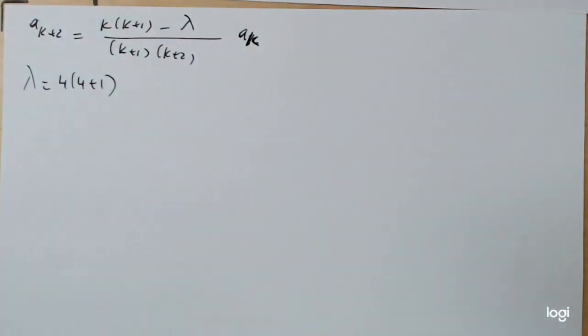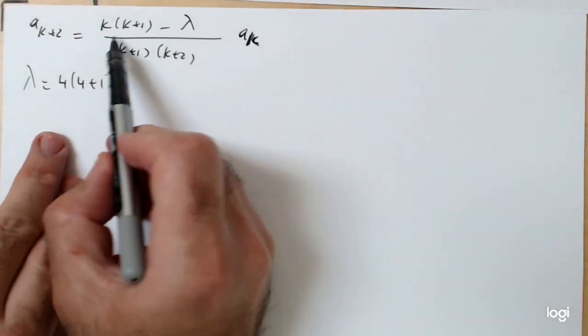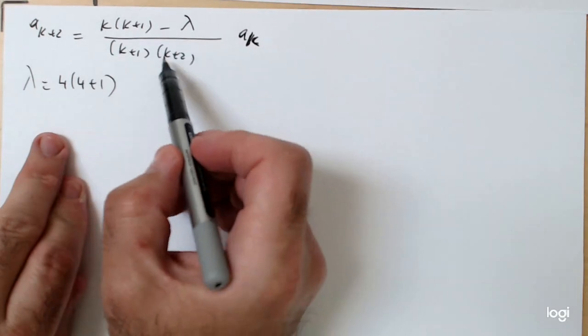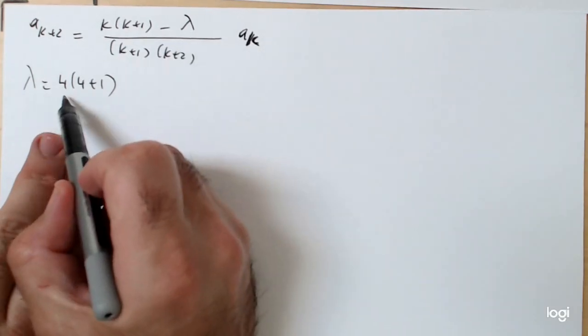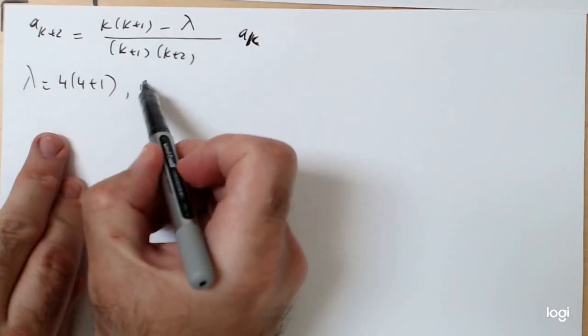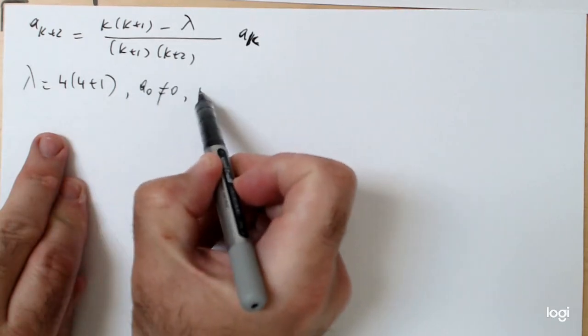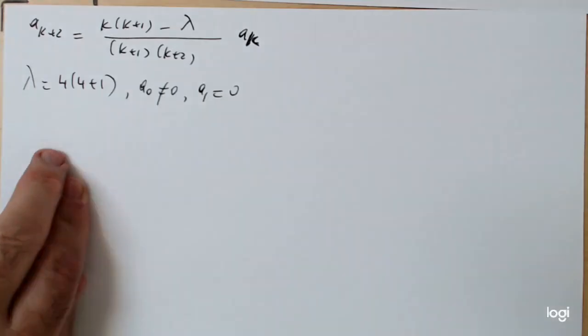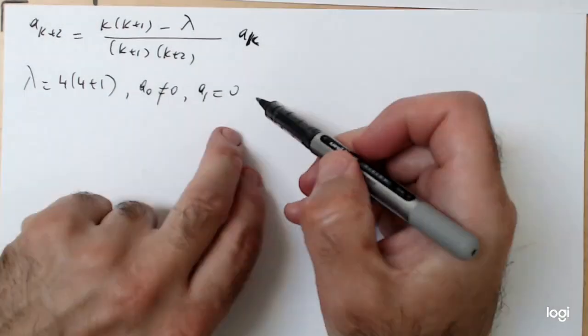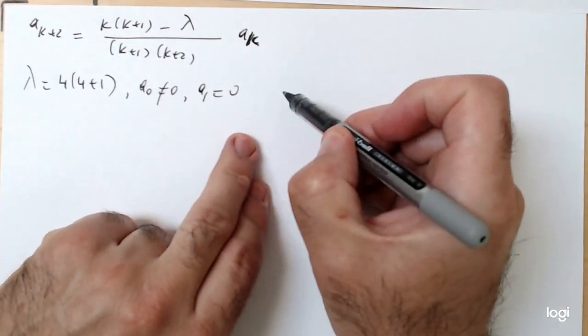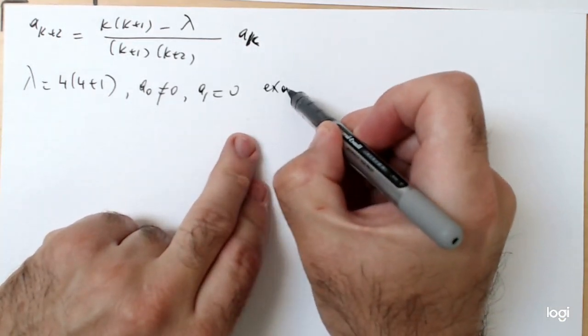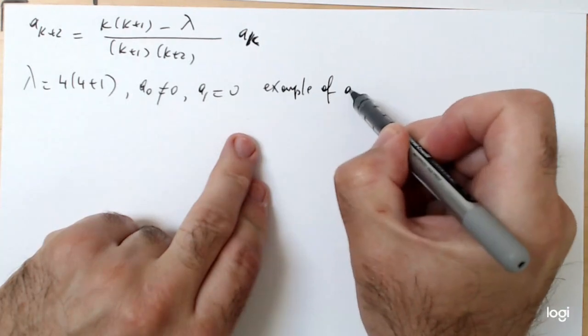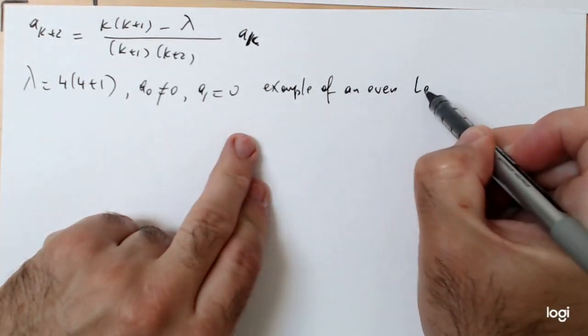Okay? And for this summation to stop, obviously I'm going to have to go through all the even coefficients. So I'm going to start with a0 not equal to 0 and a1 equal to 0. And that basically will give me an example of an even Legendre polynomial.